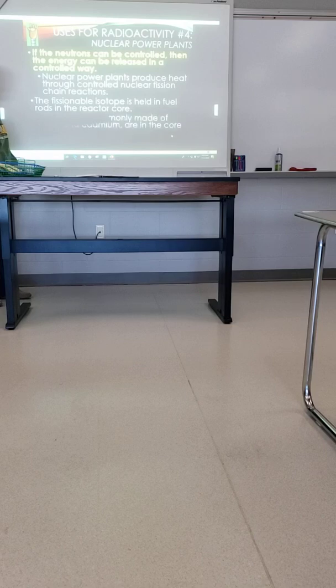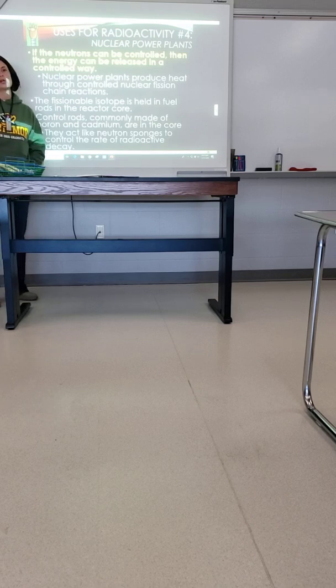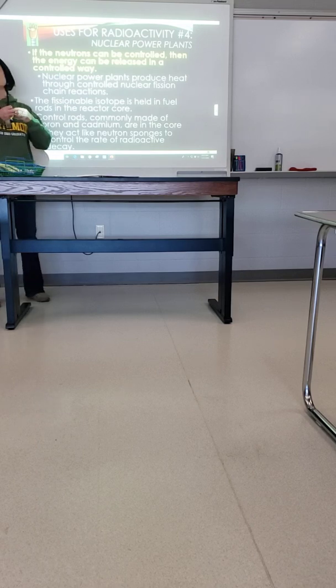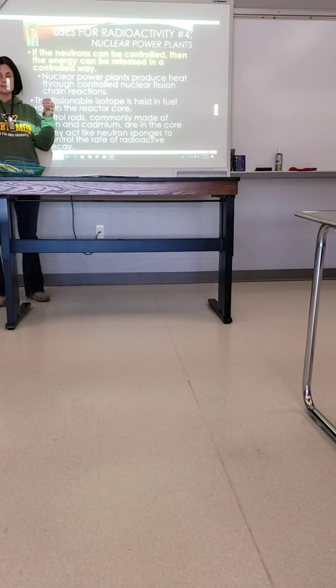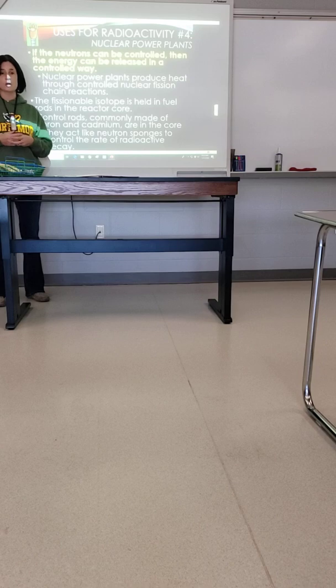So the fissionable isotope is held in these things called fuel rods in a reactor core. The control rods commonly are made of boron and cadmium, and they are in the core, and they act like neutron sponges, because every time fission occurs and a uranium splits, you get 3 neutrons released.